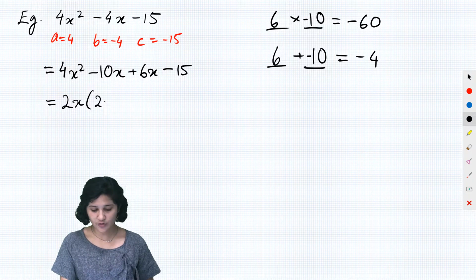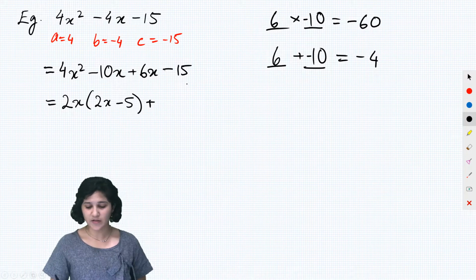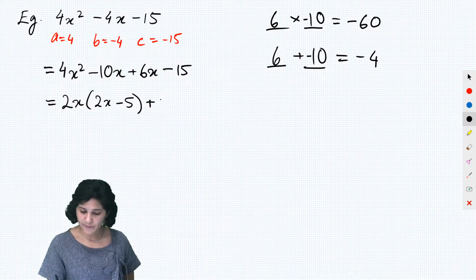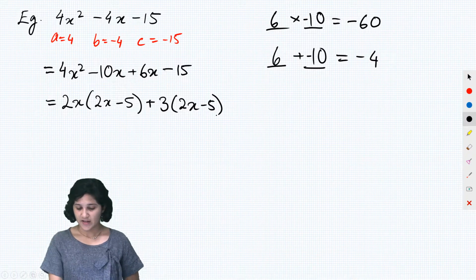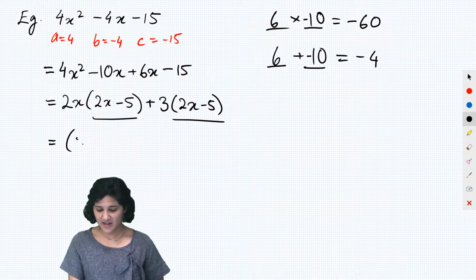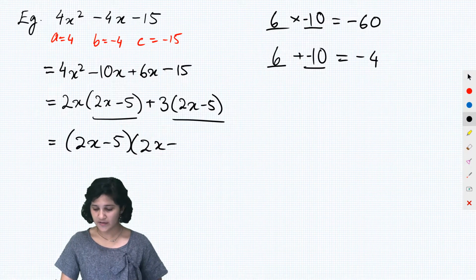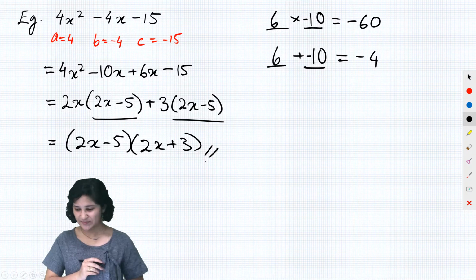So I've got 2x here minus 5. And then the common factor between these two is 3. So 3 outside of 2x minus 5. And hooray, these two are the same. So I can factorize that now. 2x minus 5, 2x plus 3. And my factorization is done.